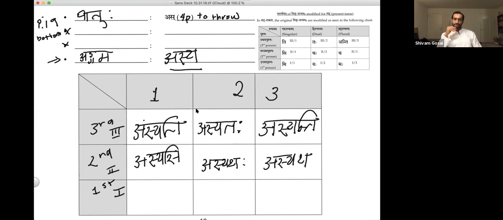Uttama Purusha, first person. So what is that whole last line? Can you write it in the chat? I see Devoji, Rupaji, Mukoji writing it. Urmilaji, yeah, looking good. Shantiji, everyone's looking pretty good.